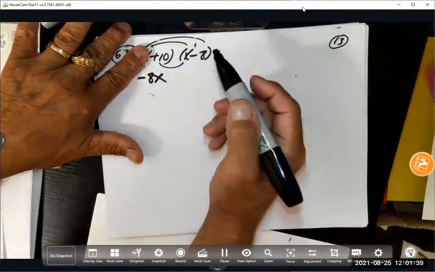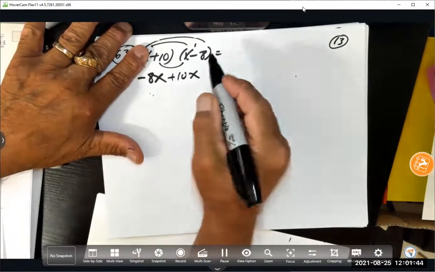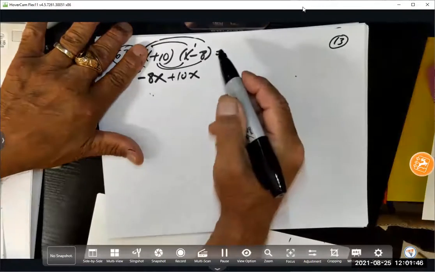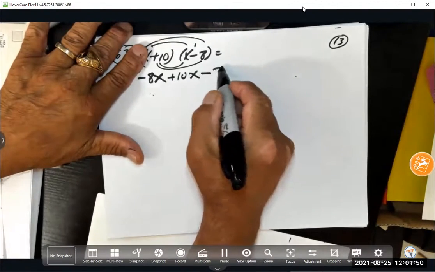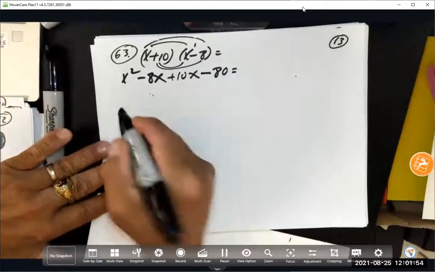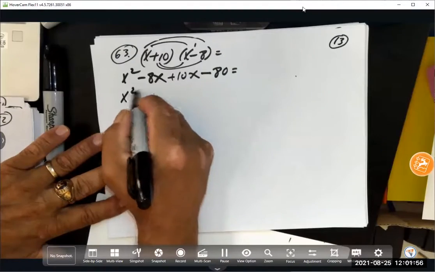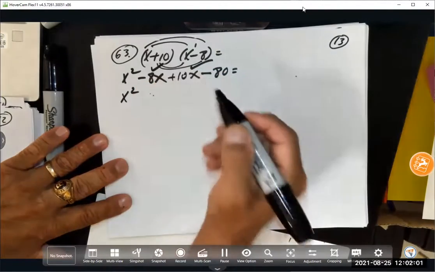10 times x. 10x. And 10 times negative 8. 10, I mean, no. Negative 80. There you go. Multiply the numbers, right? Yes, sir. All right. So think like Las Vegas or whatever again. This time you won 10,000, but then you lost 8,000 the next day.